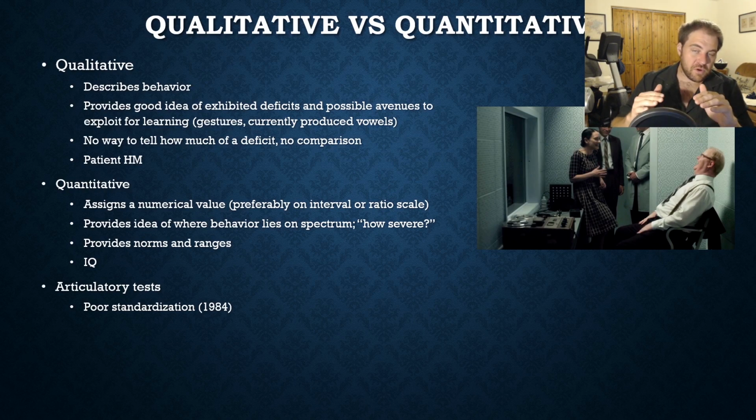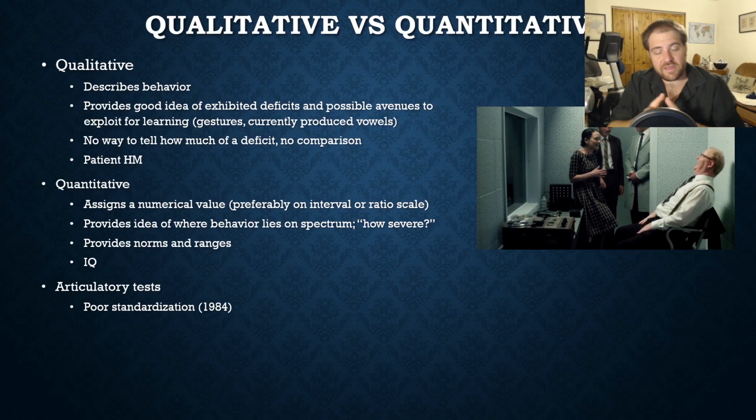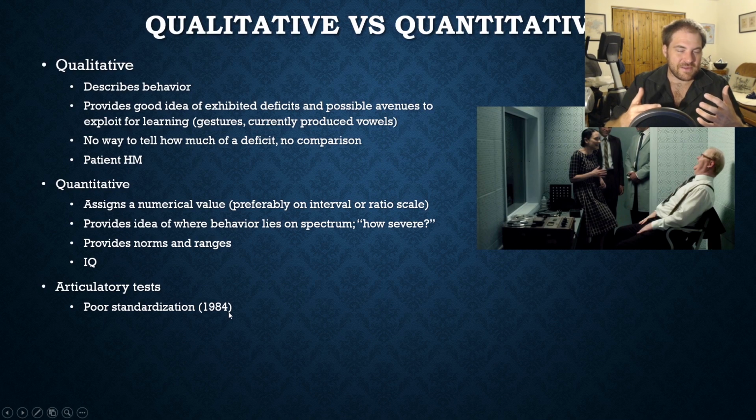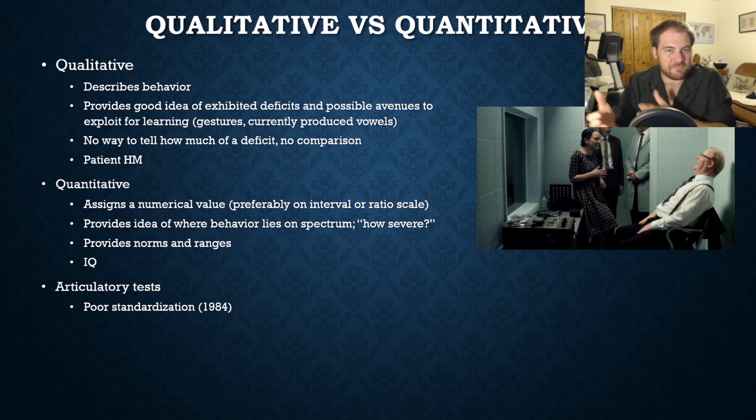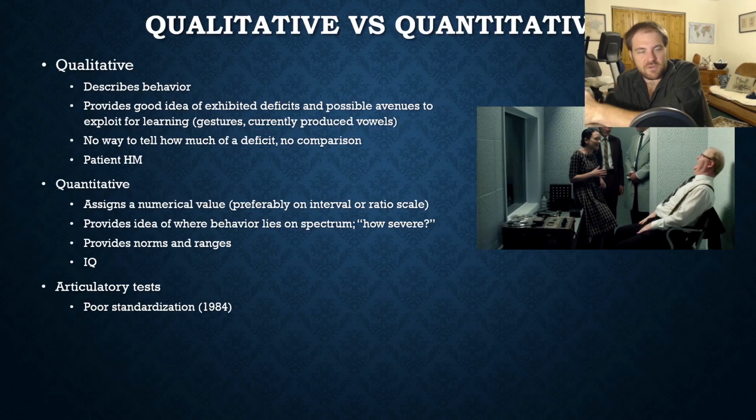In a perfect world, I would say that quantitative is always better. It has an objective measure, and it should be well constructed. But in the actual world, we have poor standardization of our tests, which means that some people can score really high or really low, and it doesn't actually mean that they have the same speech difficulties as someone else who scores the same as they do.